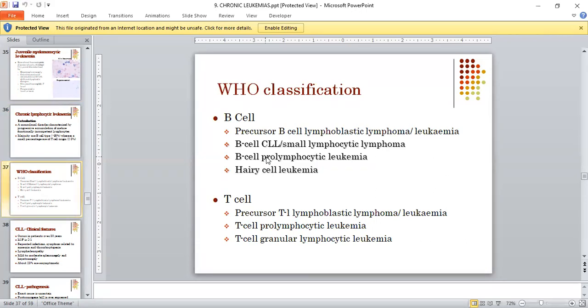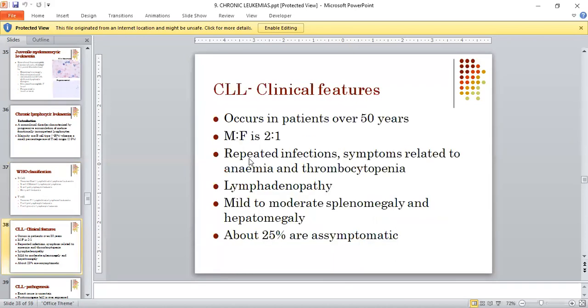So classification is based on the type of cell, of course. So we'll have the B cell or the T cell and another B cell. There are also some other types, the precursor B cell lymphoblastic lymphoma, B cell CLL, B cell prolymphocytic leukemia, hairy cell leukemia, now for the T cell.